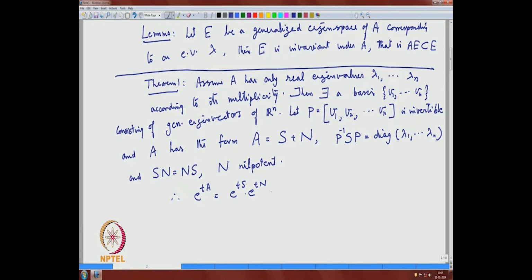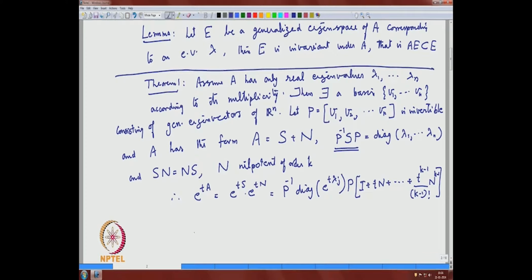You can compute this: e power tS is of the form P inverse times the diagonal of e power t lambda j times P. And N is nilpotent of some order k, so e power tN, which we computed yesterday, is I plus tN and so on up to t power k minus 1 over (k minus 1) factorial times N power k minus 1.